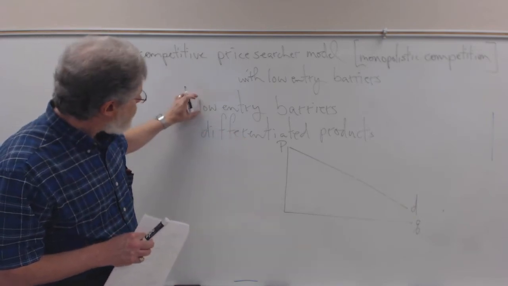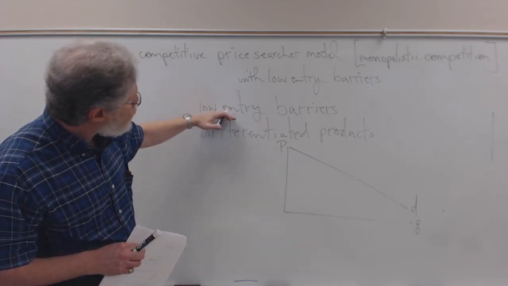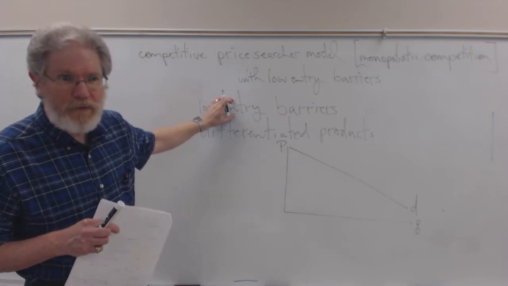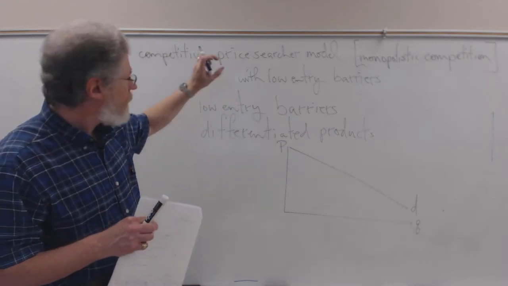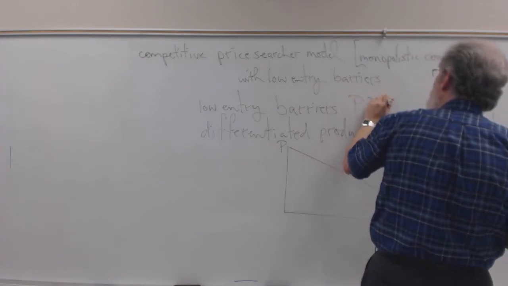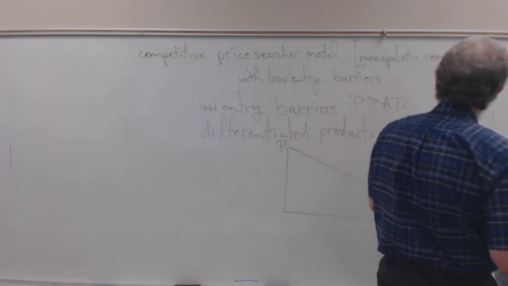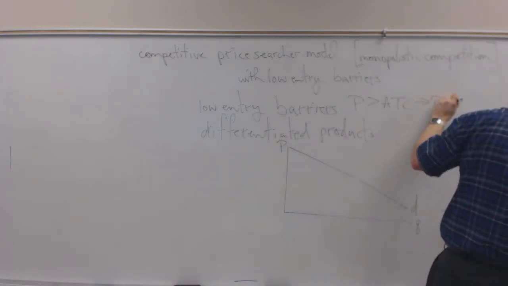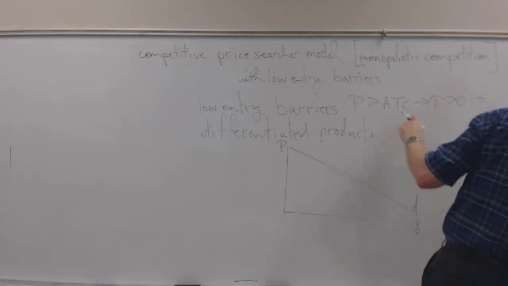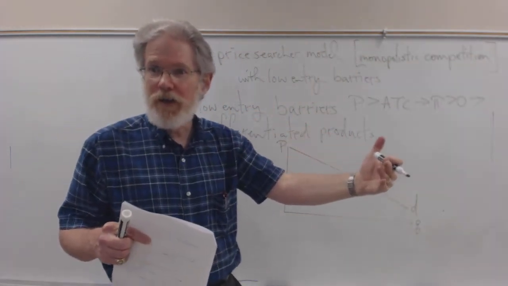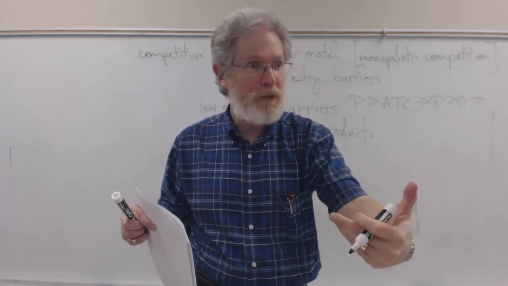All right. Let's think about the low entry barriers first. But think back to the significance of it. Okay, the low entry barriers, because it means if the price is above average total cost, then firms are making profit. And if the entry barriers are low, it means it's easy for outside firms to come in and start producing this product.